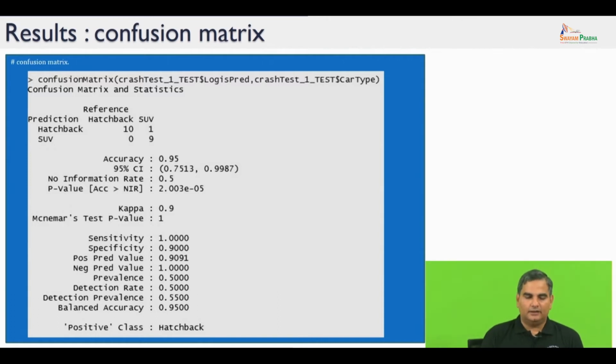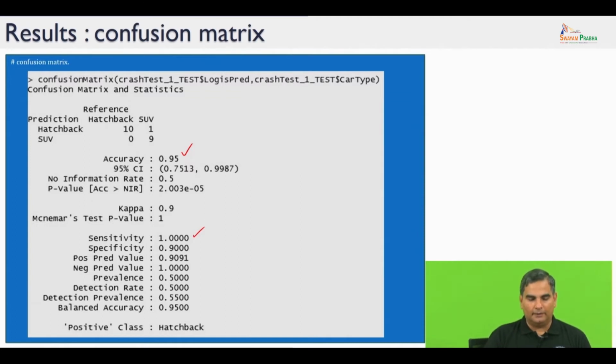The intention in this lecture is the following. Since you are going to see a result like this for most classification problems, I want to really look at all of these terms here. So, for example, there is accuracy, what does sensitivity mean, specificity mean, positive predictive value, and so on.